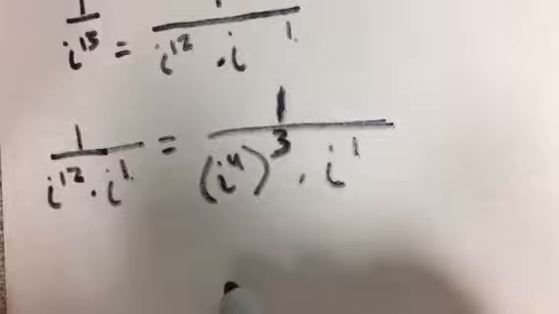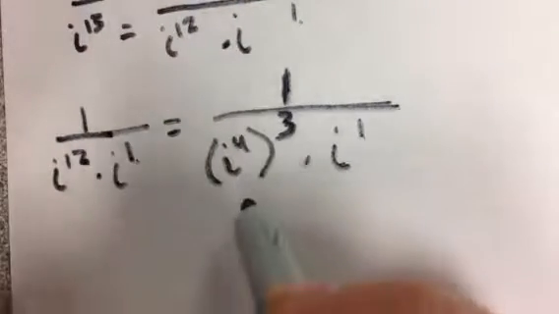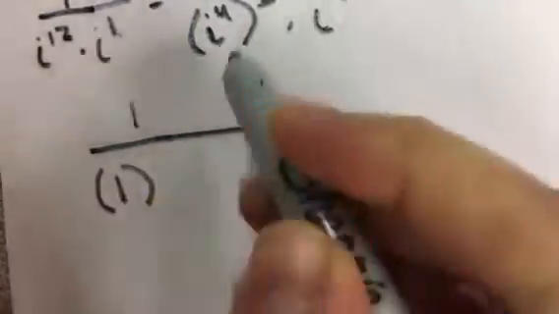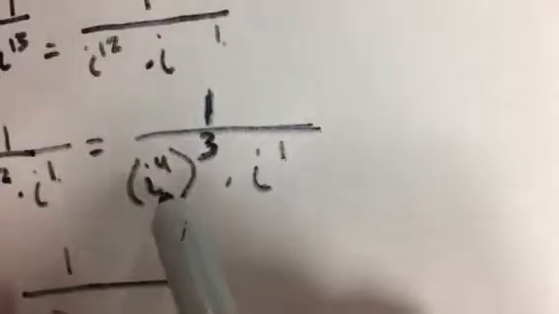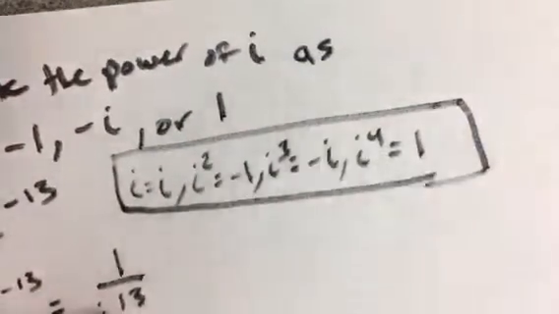And then we're going to simplify each i in this expression. It's going to look like 1 over 1, because i to the fourth, remember, is 1.